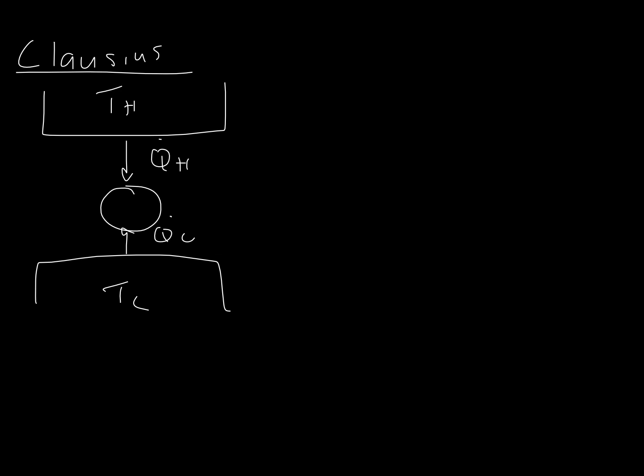It's going to be a steady state cycle, which means that we can write the energy balance as dU equal to 0, which is equal to Q dot C plus Q dot H. So far, so good, which means that the heats have to balance.